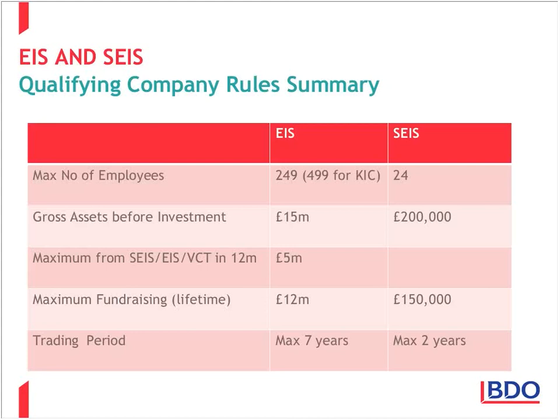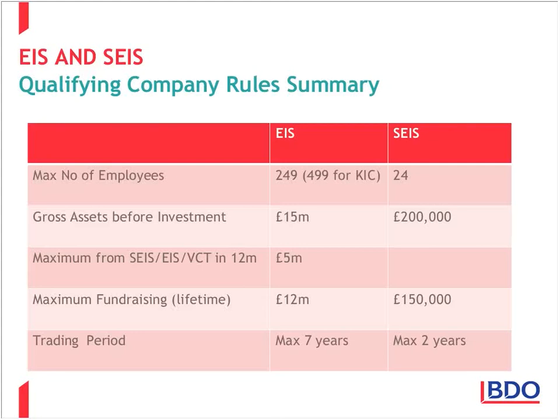Because this is state aid, as I mentioned before, there is a £5 million limit in any rolling 12-month period. And this applies to CDIS, EIS, VCT, and also other forms of state aid, so things like certain government grants can also be brought into this. There's also now, since November 2015, a lifetime limit for EIS of £12 million.